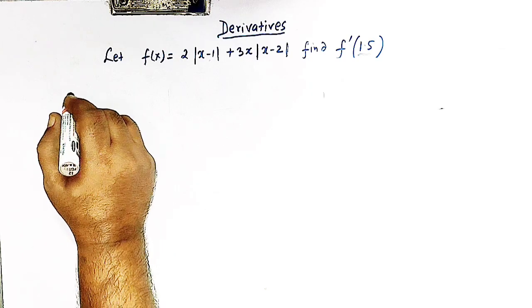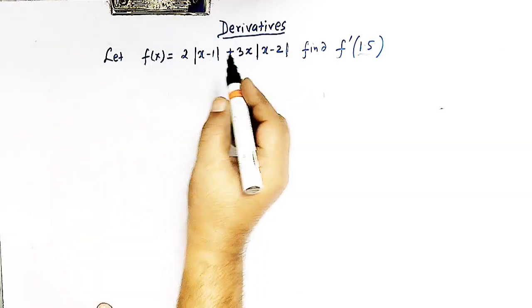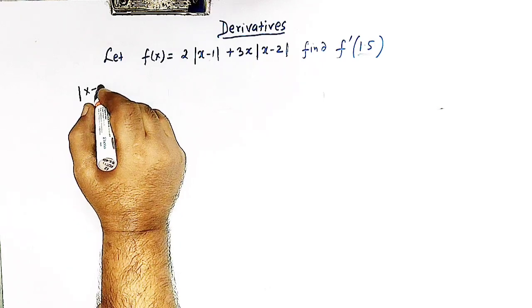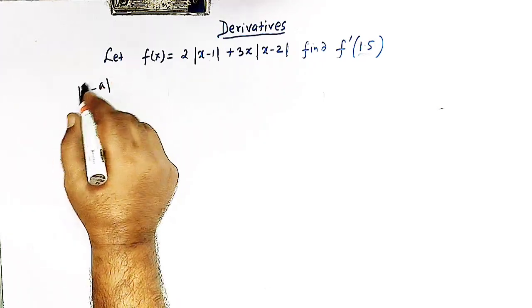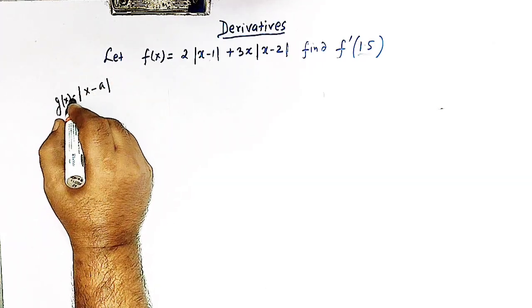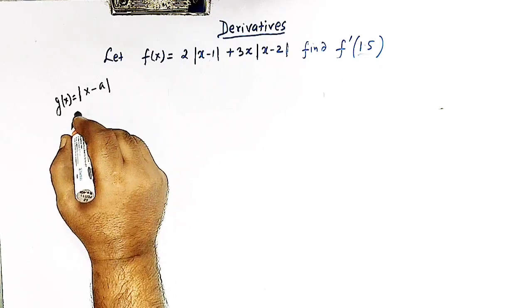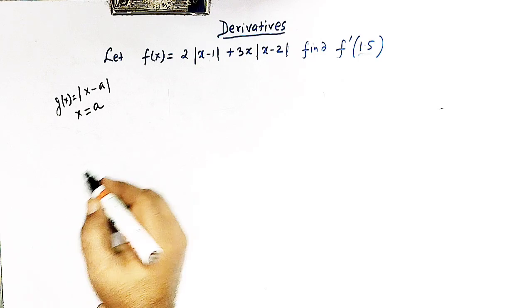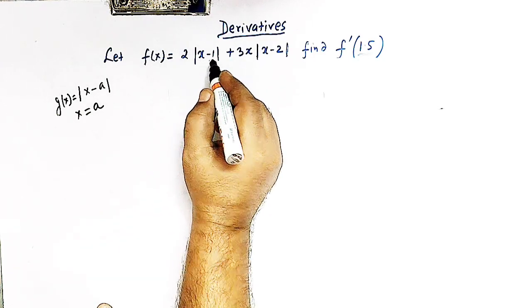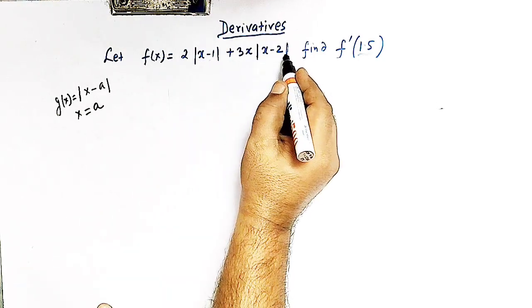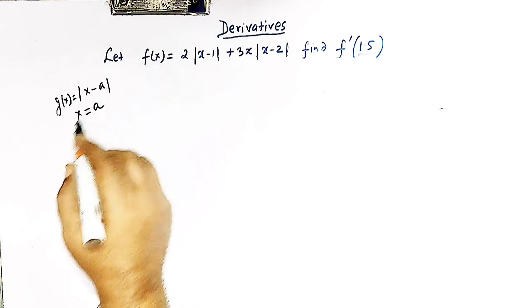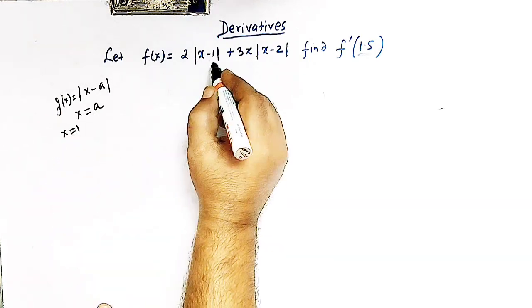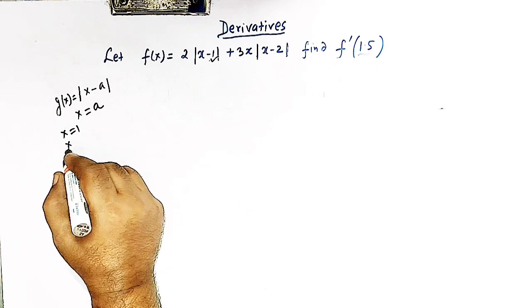And we know that if we are given a mod function of this type, that is say a mod of x minus a, say this is g of x, then this function is not differentiable at the point x is equal to a. And here we have mod of x minus 1, and here we have mod of x minus 2.